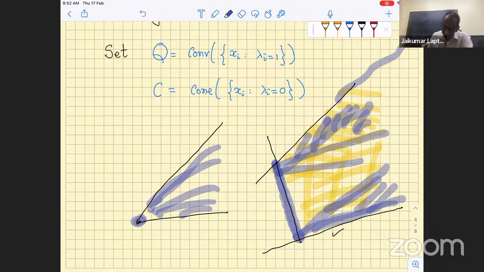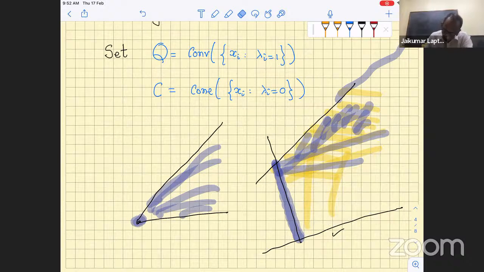Okay. Now, let us just make it slightly more complicated. Suppose there was one more half plane. No, not like that. I don't know, my lines are all slipping, but let me just try.